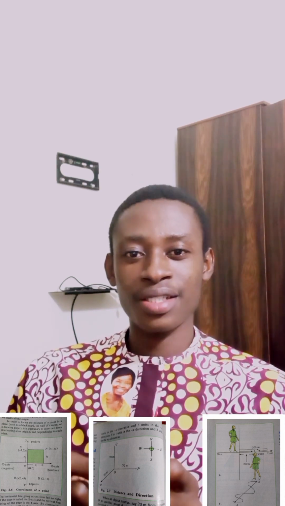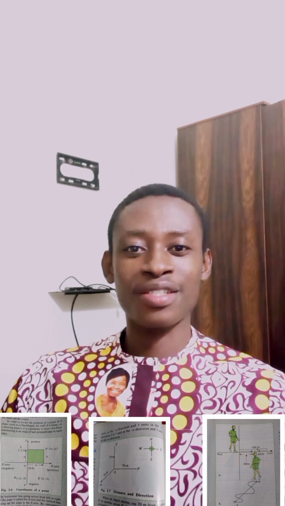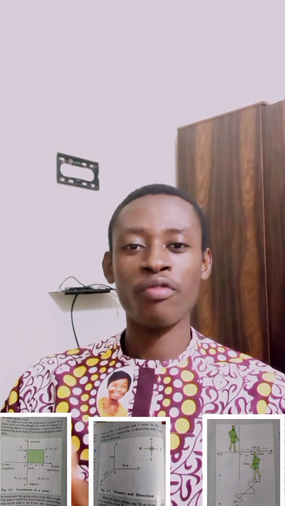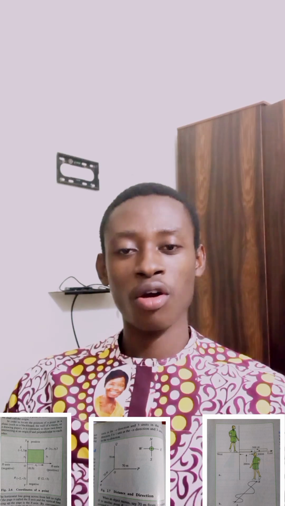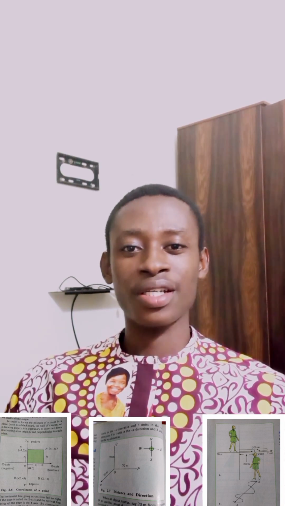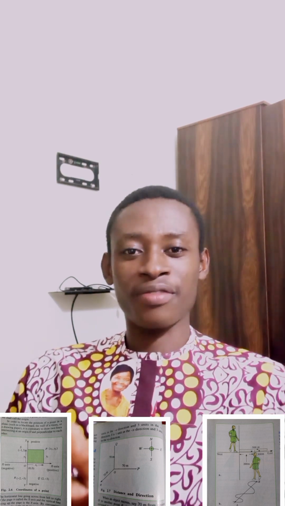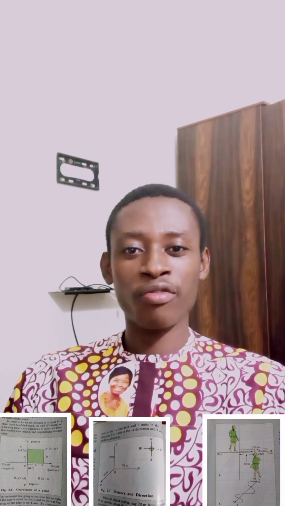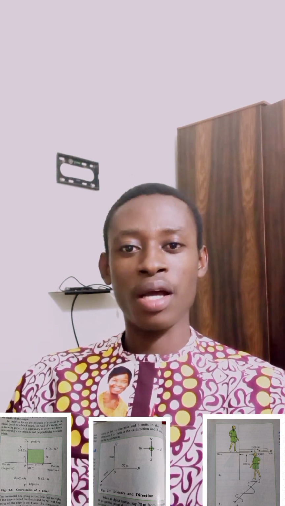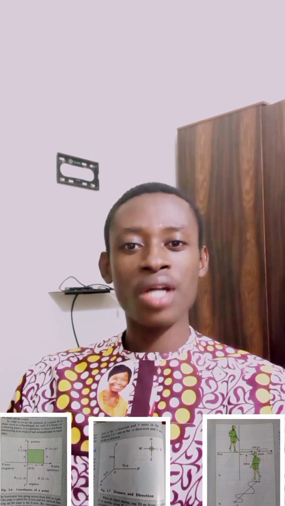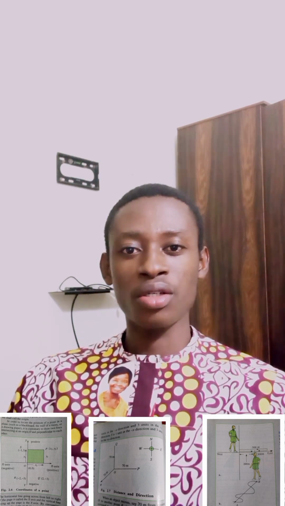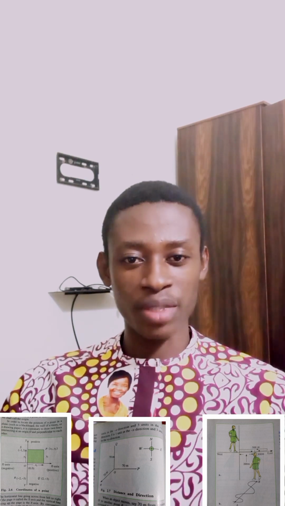Now, distance is the space between 2 points. For example, someone travels from point A to point B, 100 meters, so that is a distance. But displacement is specified. For example, a boy travels from point A to the east 500 meters, then he turns around and travels back to the west 300 meters. So the displacement there is 200 meters.